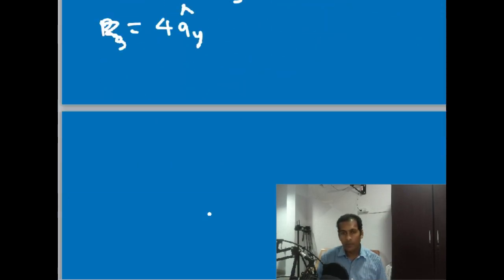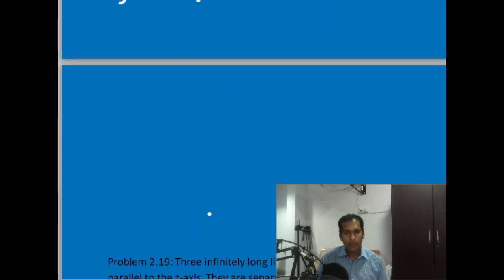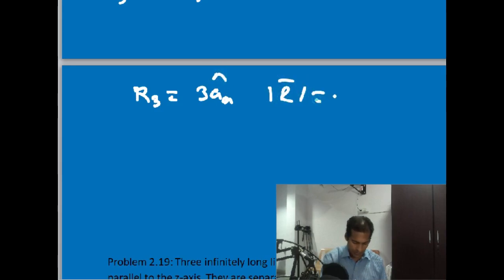So if we minus it, we will get R3 equal to 3AX cap, and mod of R will be equal to 3.